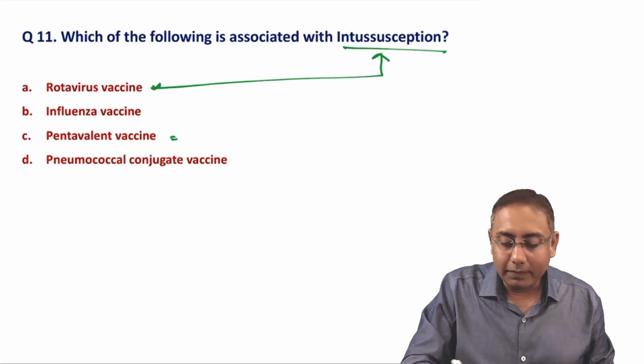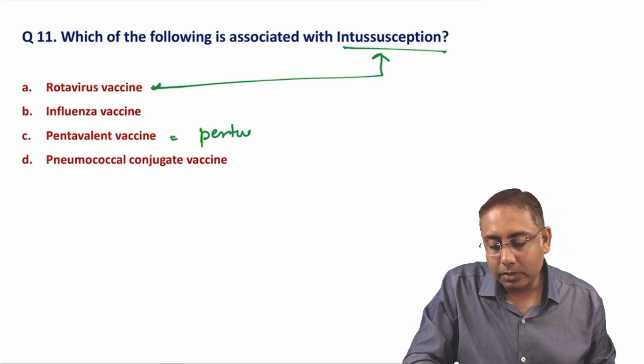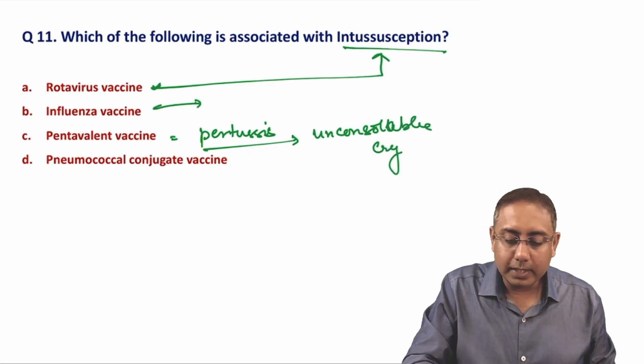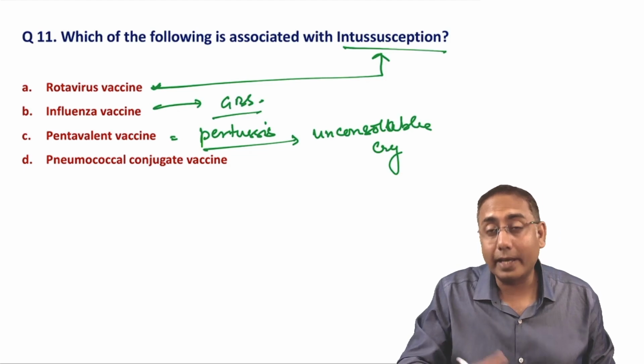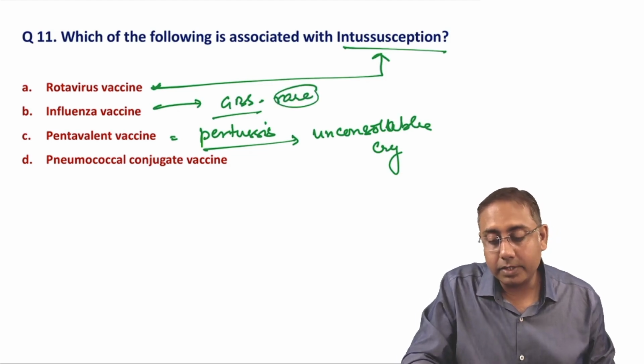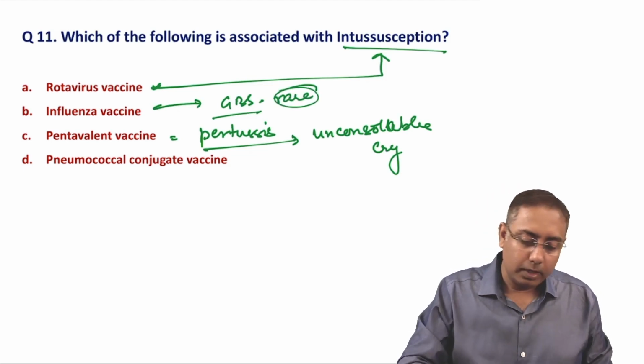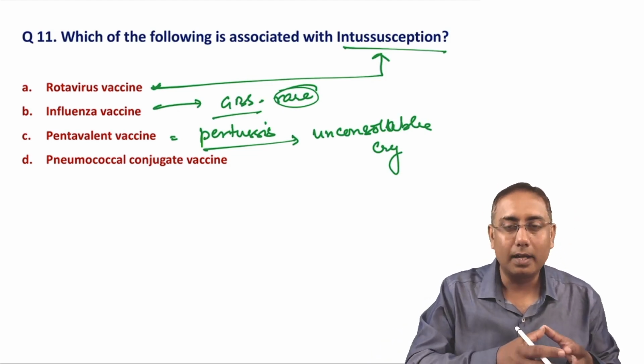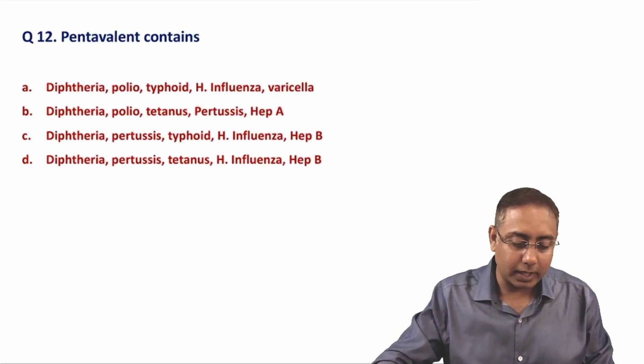Please note that in the pentavalent vaccine, there is a pertussis component which may cause unconsolable cry. Influenza vaccine is associated with a very rare adverse effect, Guillain-Barré syndrome. Pneumococcal conjugate vaccine is not known to have anything except anaphylaxis or allergic reactions.